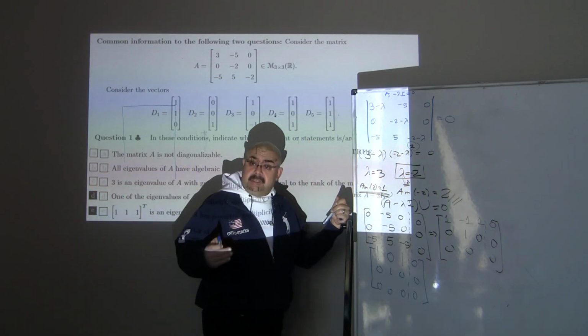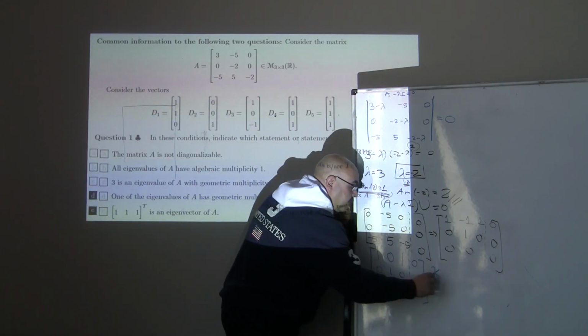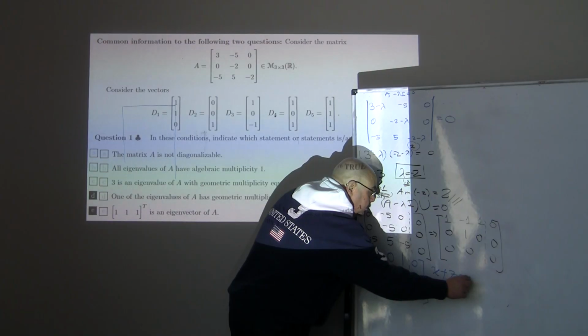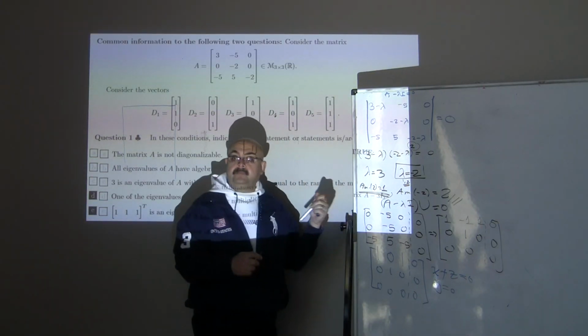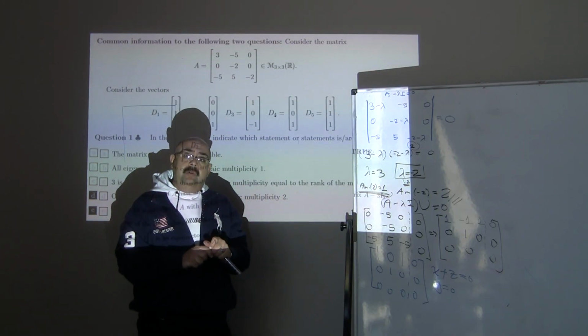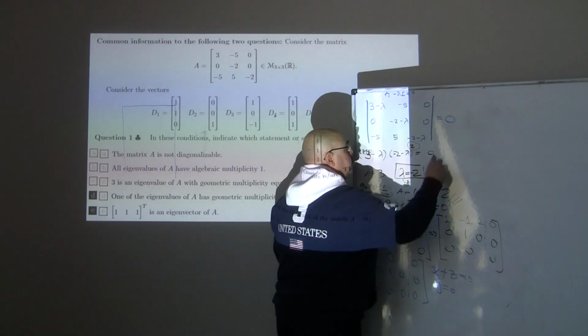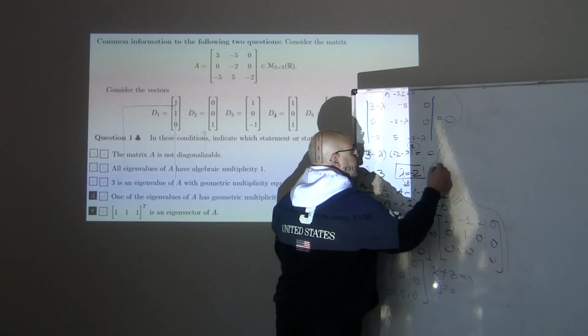So if you try to expand it, you will have x plus 0 over y plus z equal to 0, and also you have y equal to 0.